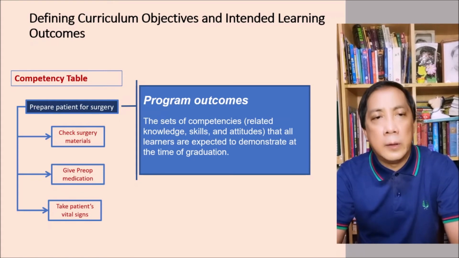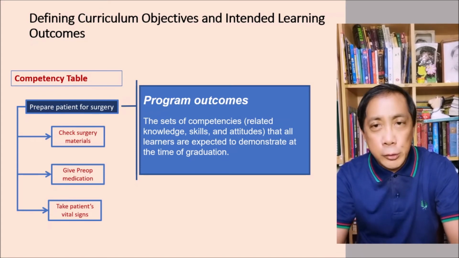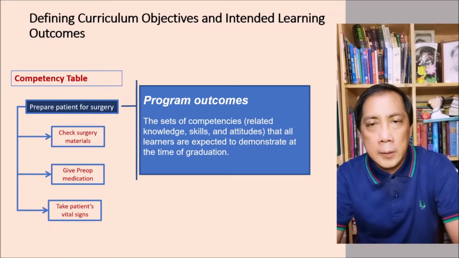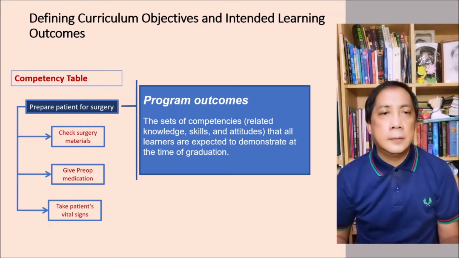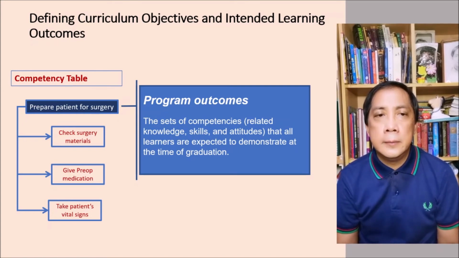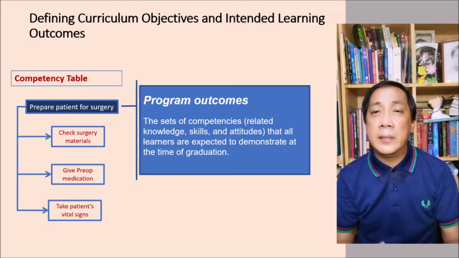Like at the end of the rotation in surgery, or at the end of nursing, for example, or at the end of anesthesia residency, you should be able to prepare patient for surgery.